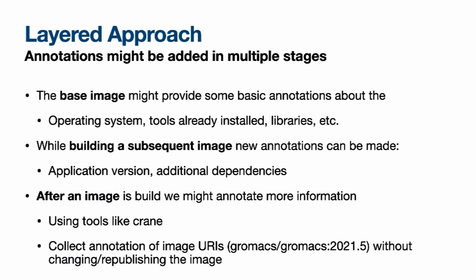Or after the image is built, we can use tools like Crane or Podman, there are a lot of tools that are able to annotate an image after the fact without actually doing a Dockerfile, you just do podman build, and then you can annotate images. Or we can collect the annotations in a subsequent artifact, and I will have a little example afterwards.